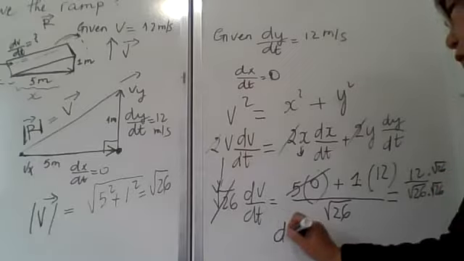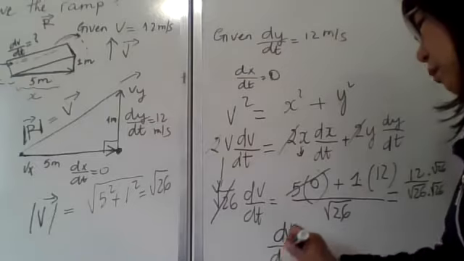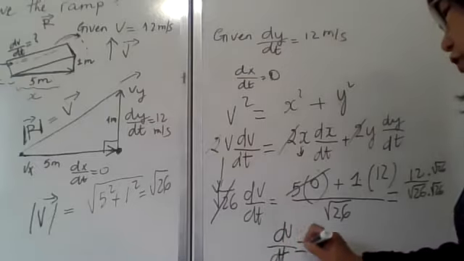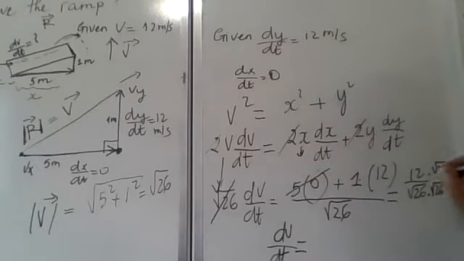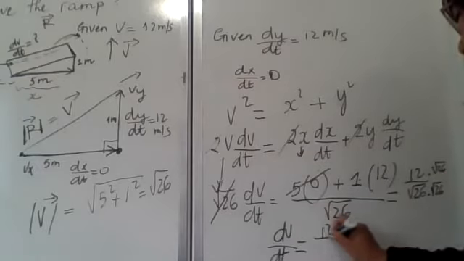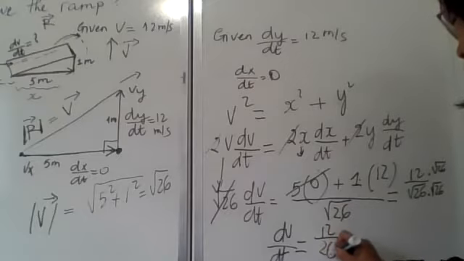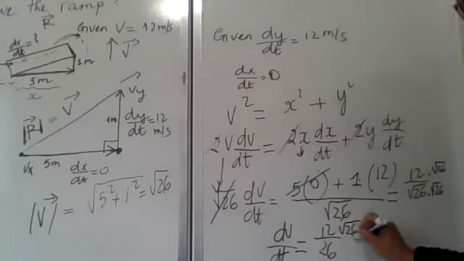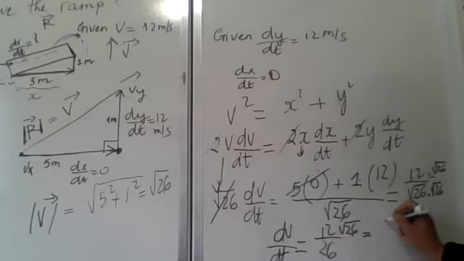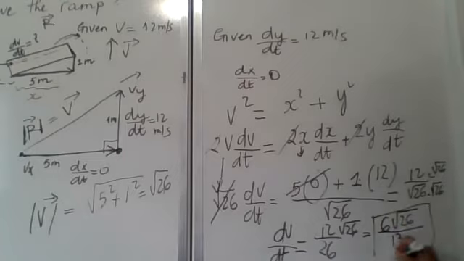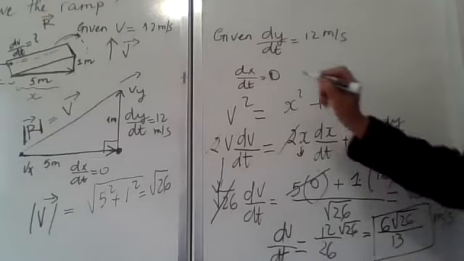So dv over dt, the rate of change of the vector component, how fast she rises, equals 12 square root of 26 on the top over 26. We reduce the fraction, so that will equal 6 square root of 26 all over 13. And that is the answer, and the unit is meters per second, the velocity vector component.